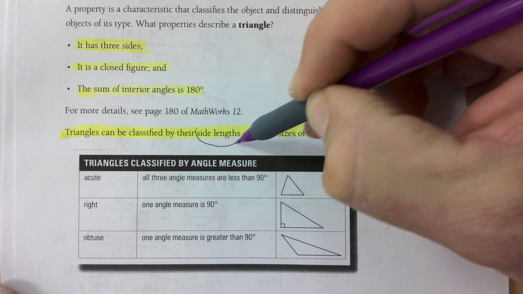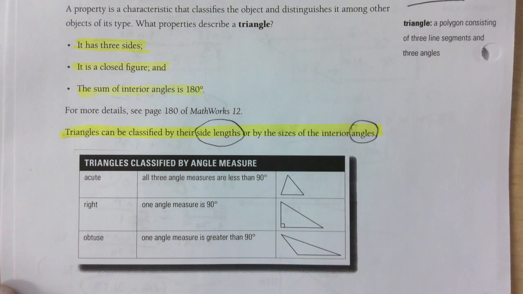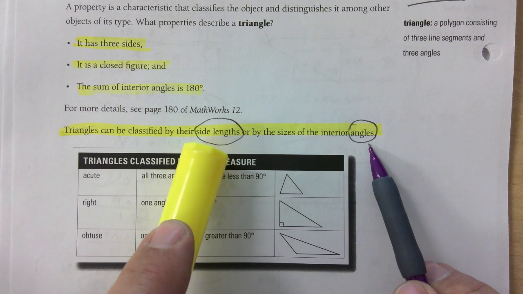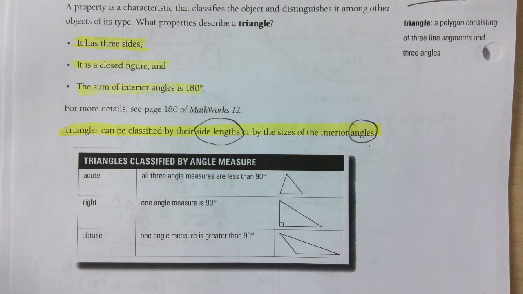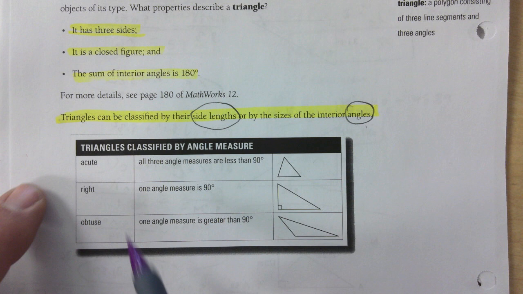Those are the two things that we classify them by. So classification is naming them. So every triangle should have two names. So it's like a first name and a last name. Every triangle will have a first and a last name, okay? Except for equilateral.